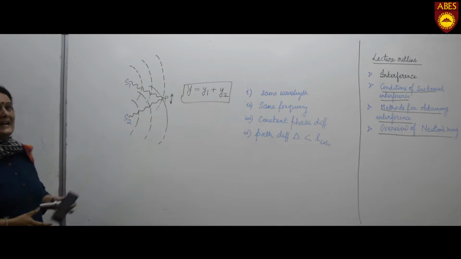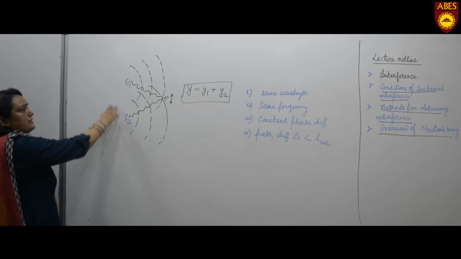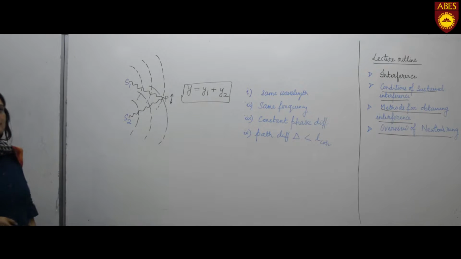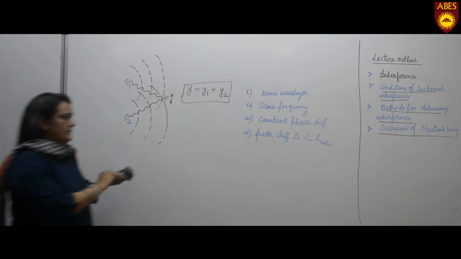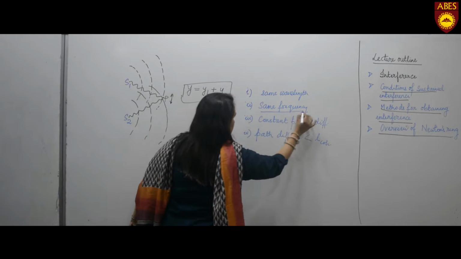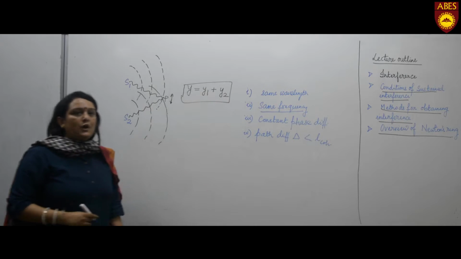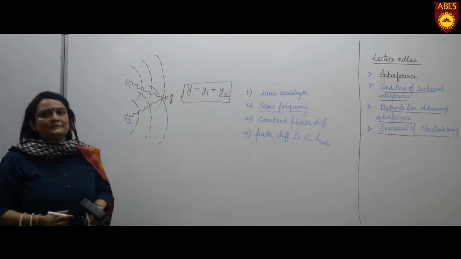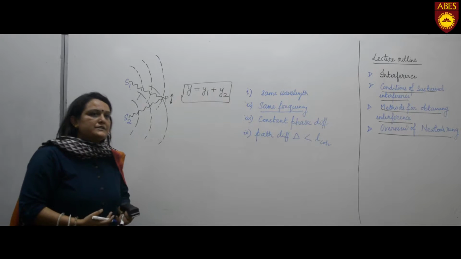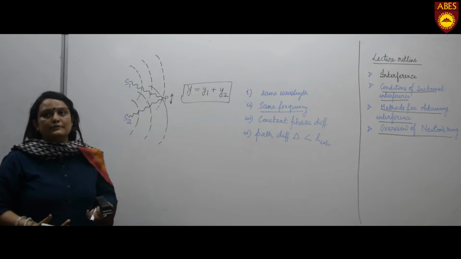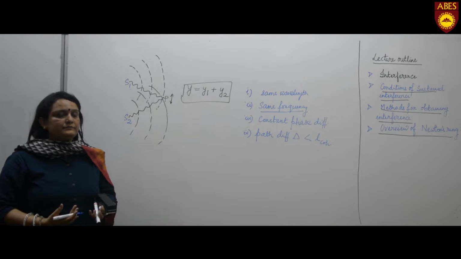If light is coming from two different sources, they will have different modes of vibration, and it is very difficult to say that the frequency will remain the same. In other words, two independent sources will never give rise to an interference pattern.